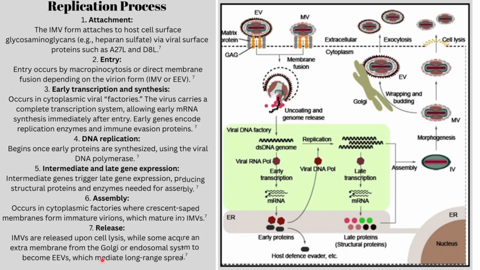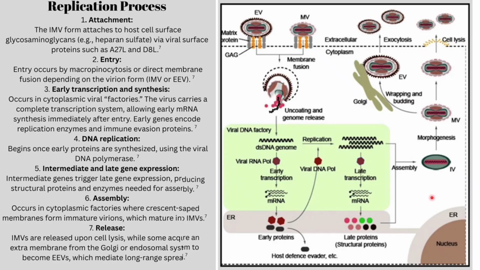Intermediate genes trigger late gene expression, producing structural proteins and enzymes needed for assembly. So once it enters, it uncoats, releasing the genome and everything it needs to replicate and transcribe that genome. Early proteins, late proteins, and the assembly begins.